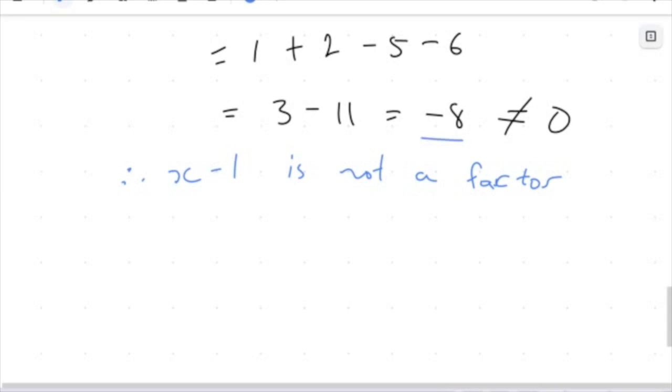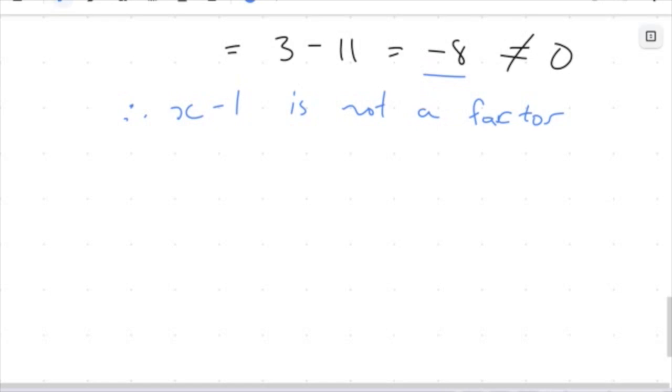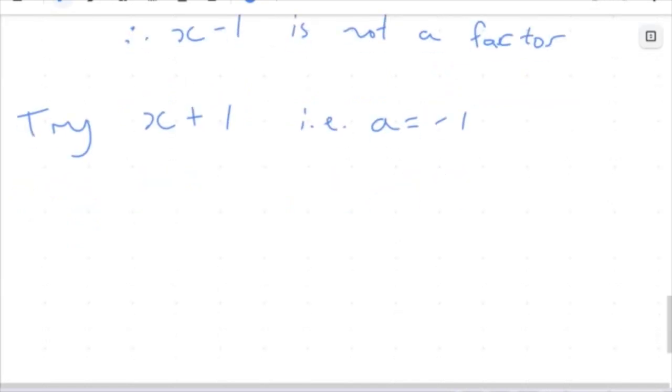So now we kind of just have to keep going. So let's try another case. Let's try here x plus 1. Or in other words, a, I should say, equals minus 1. Let's check this.